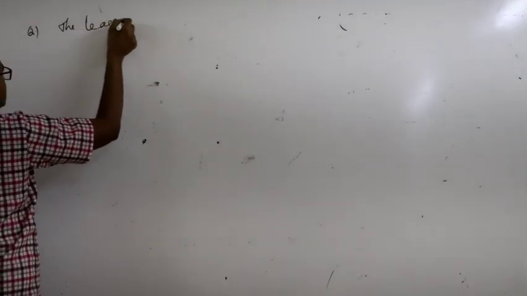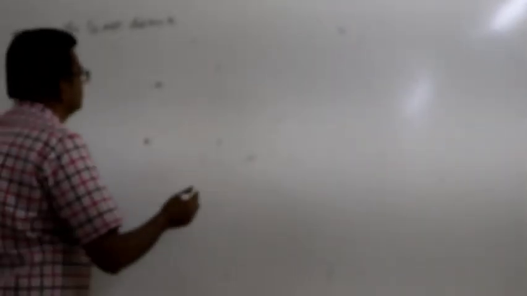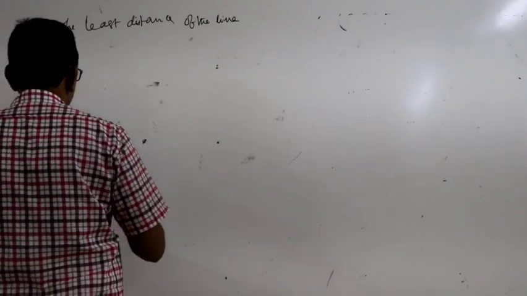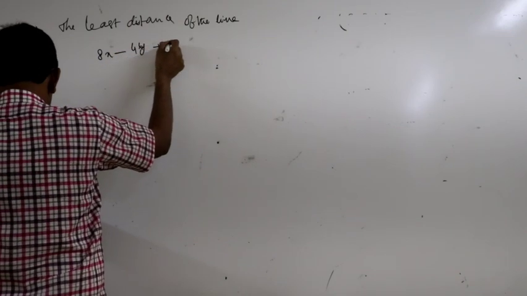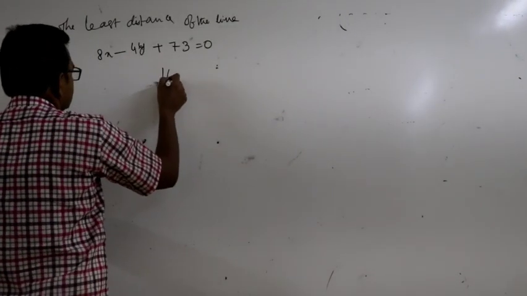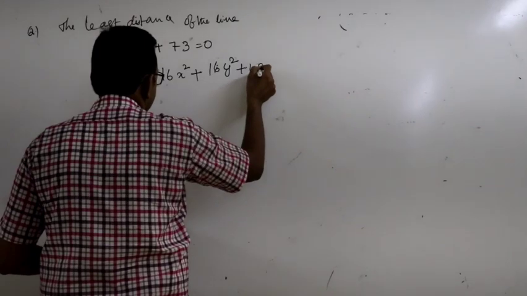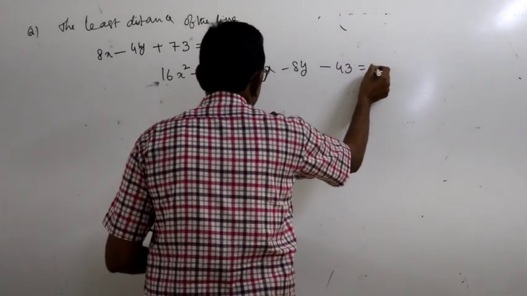The least distance of the line 8x minus 4y plus 73 equal to 0 from the circle 16x square plus 16y square plus 48x minus 8y minus 43 is equal to 0.